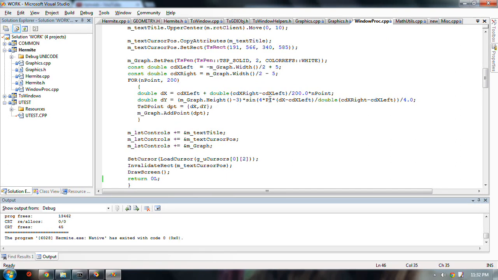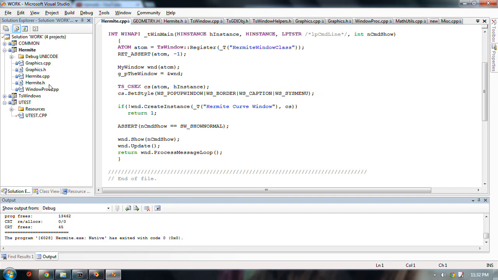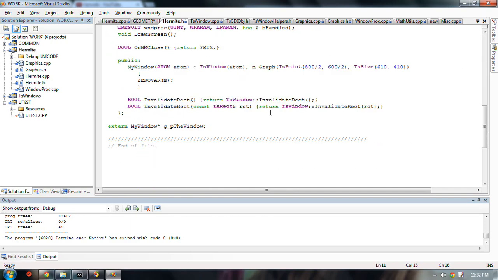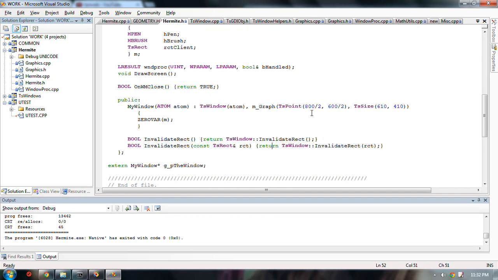Then what I'm drawing here is a sine function. The thing itself, it's this one. Its dimensions are given in the constructor. I guess I should have not done it that way, but whatever. 400 by, oh no, sorry.